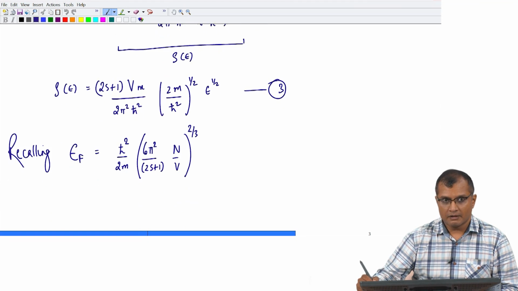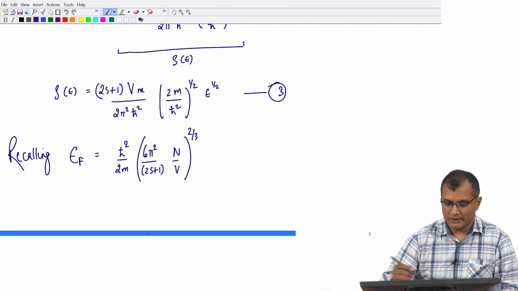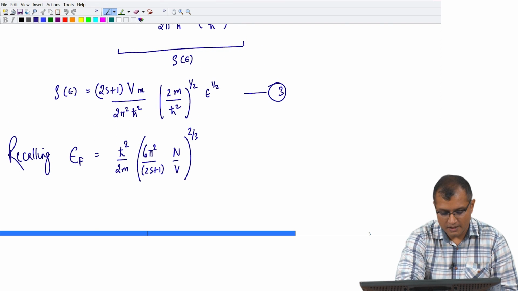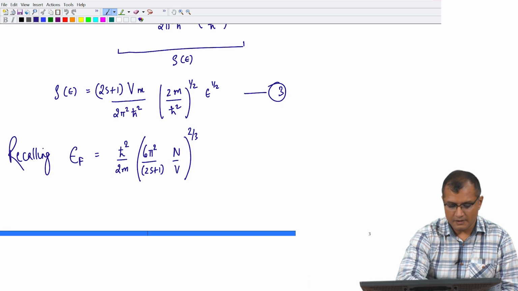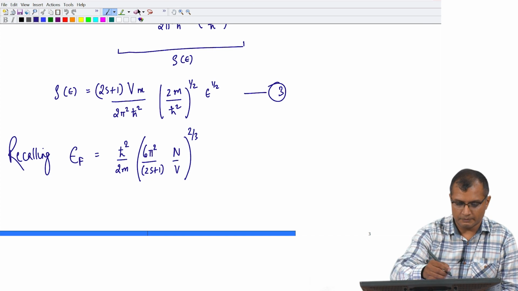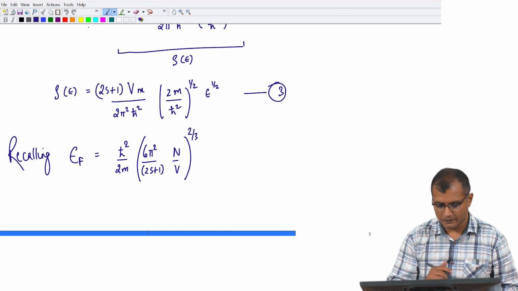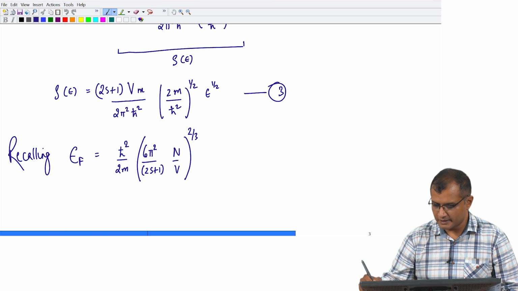So, now you can see that I can recast this definition of the density of states into a more usable representation. What I am going to do here is rewrite this density of states.